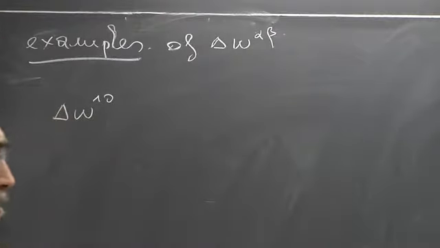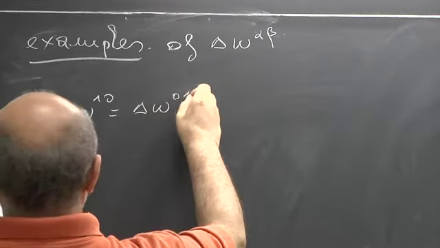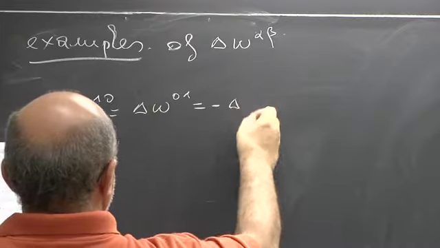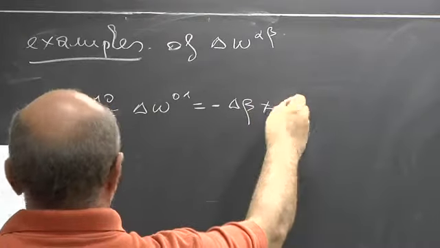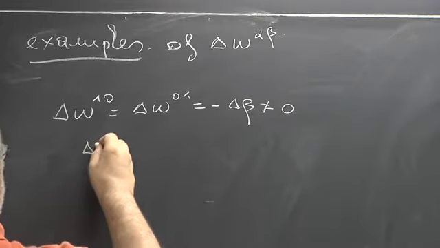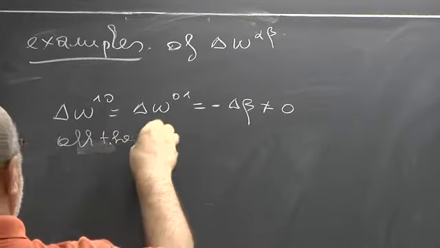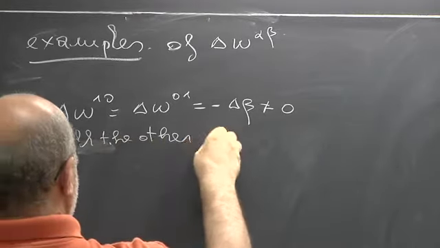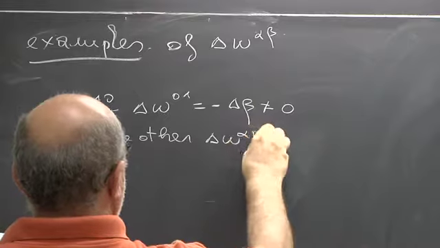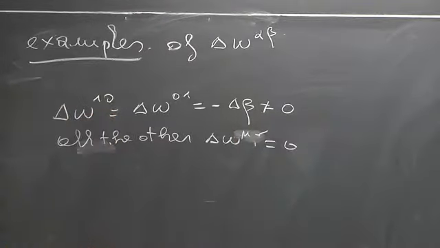Remember, alpha and beta go from 0, 1, 2, 3. Is equal to delta omega 0, 1. And let's suppose this is just a parameter different from 0 that we call delta beta. And all the other components equal 0. So this is the only element that is different from 0.